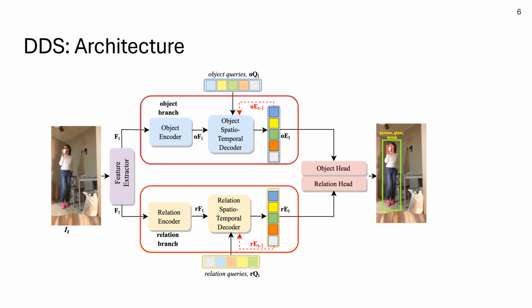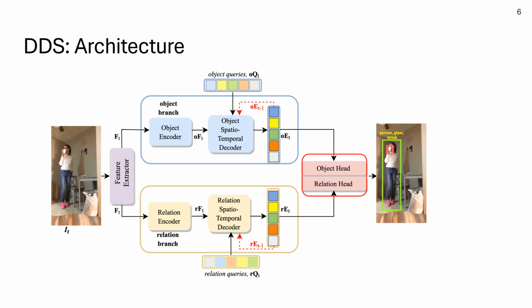Both these branches have an encoder and a spatiotemporal decoder. The encoder encodes the extracted convolutional features, while the decoder utilizes learnable queries to learn from the encoded features. Finally, the object and the relationship heads predict the relationship triplets using the decoded queries.